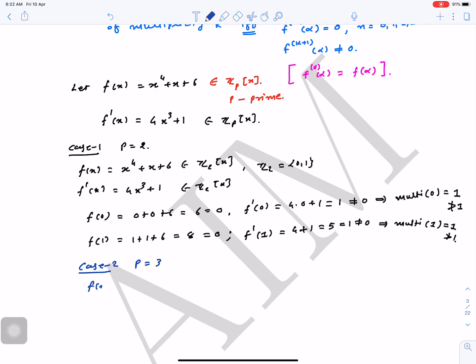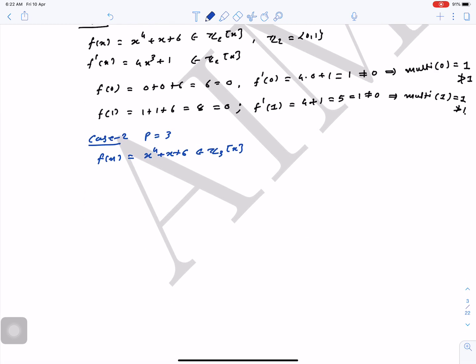So our f(x) is equal to x raised to 4 plus x plus 6, which belongs to Z3[x], and f dash x will be what? 4x cube plus 1, belongs to Z3[x].